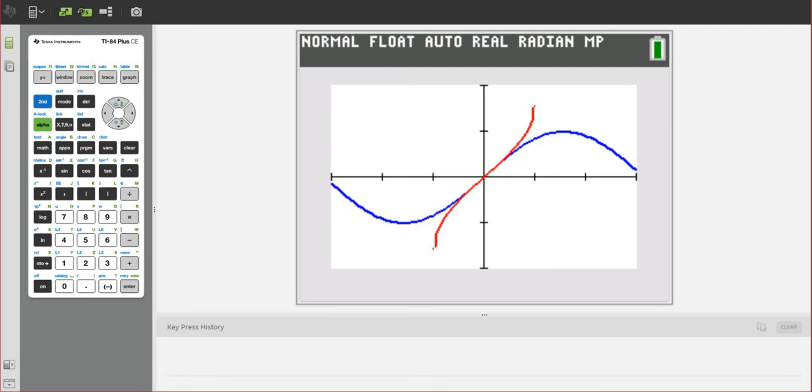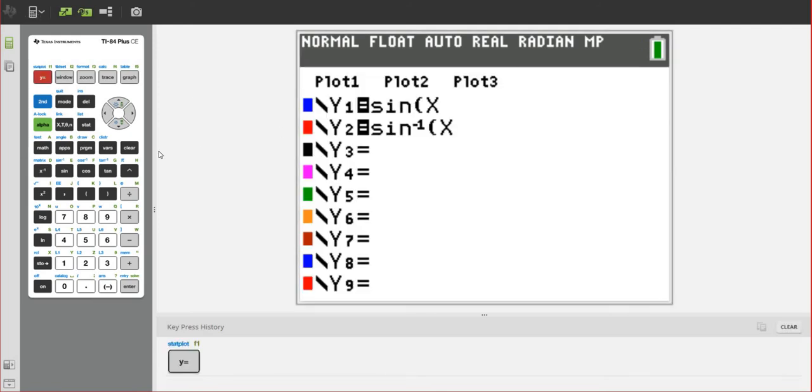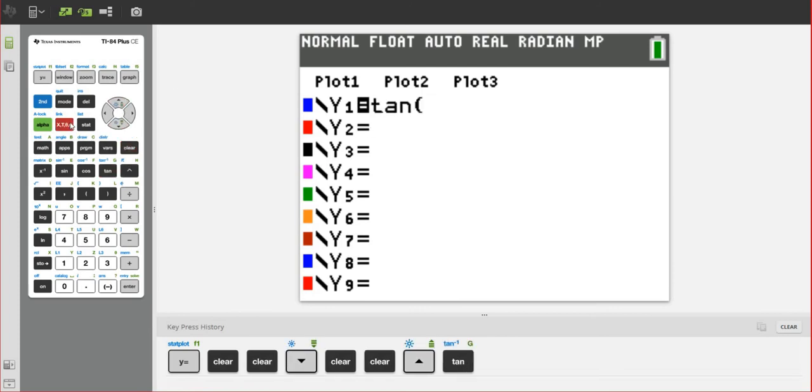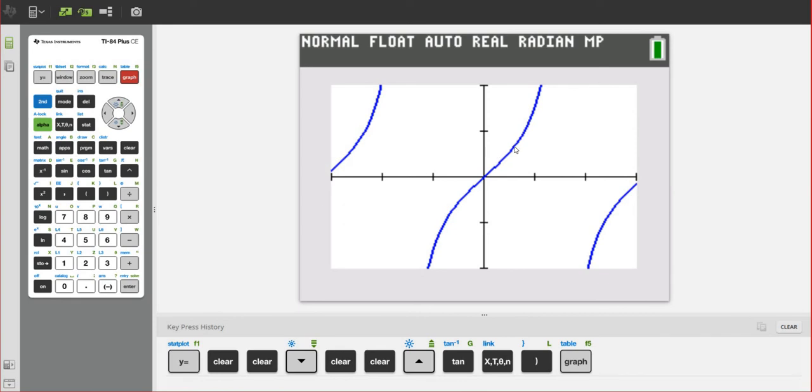Can people see my calculator right now? Yep. Okay. If I go to y equals, I'm going to plug in tangent of x. If we recall, when we were defining tangent, there are angles that it cannot equal, because you'd get a divide by 0.